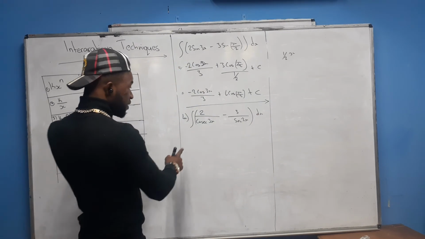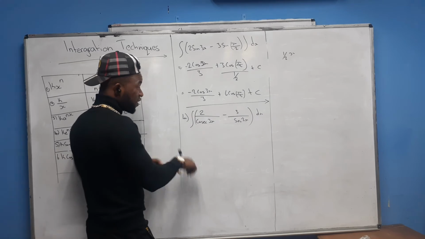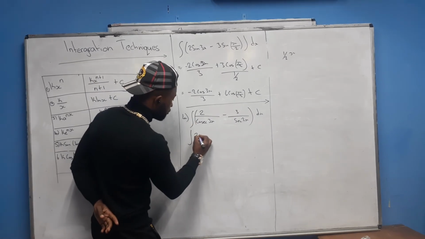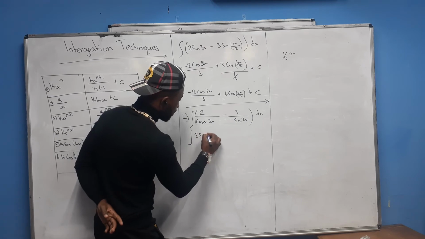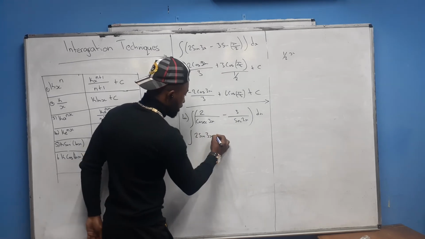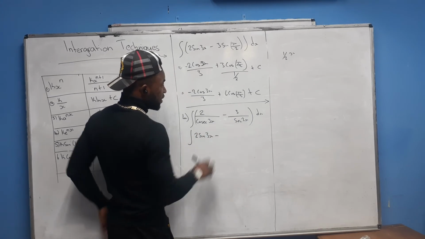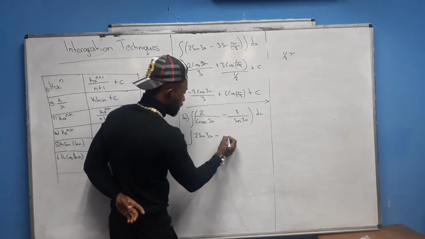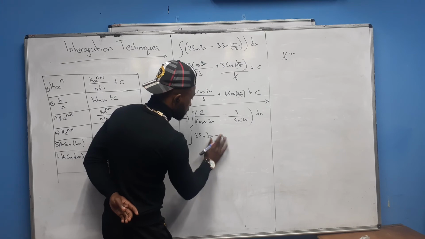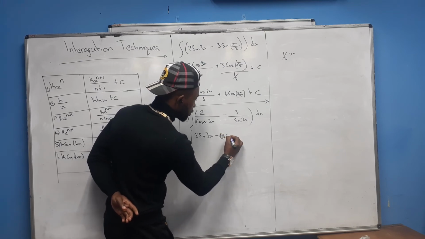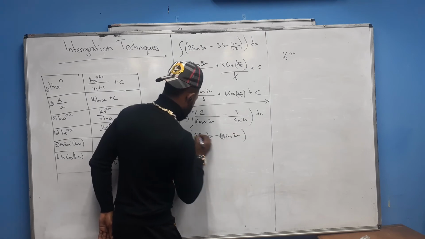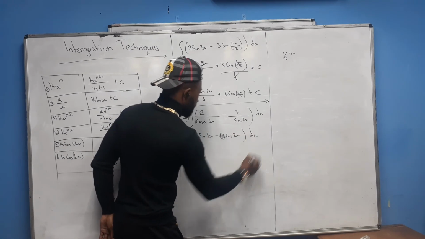I know that whenever I have 1 over cosec, it's the same as sine, so I can write this as the integration of 2 sine 3x minus, and then I can rewrite this. Whenever I have 1 over sec, it's the same as cos, so I have 3 cos 2x, dx.